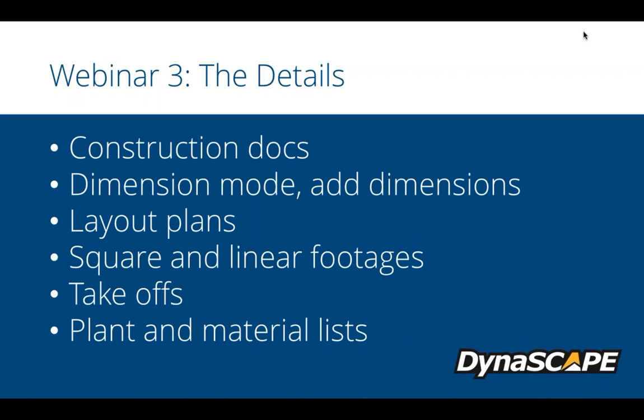If you provide a layout plan with as many dimensions as possible, it'll make life a lot easier and allow the crew to do a lot of the layout and staking. How to do square and linear footages, all for the purpose of takeoffs and plant material lists, and there's probably a whole bunch more that I haven't listed that you're going to show us, isn't there?